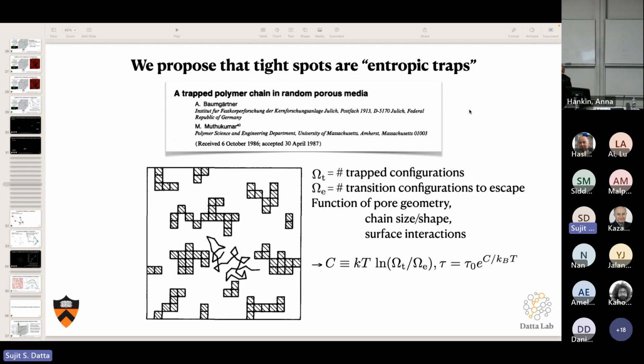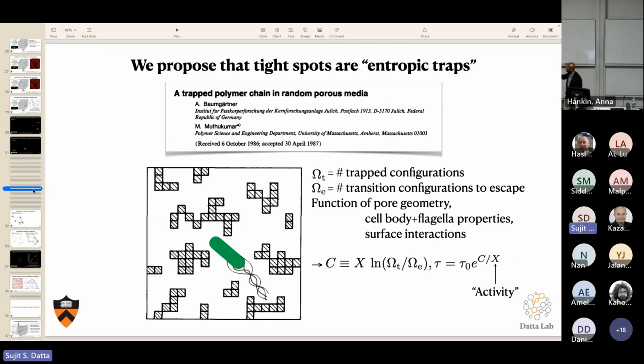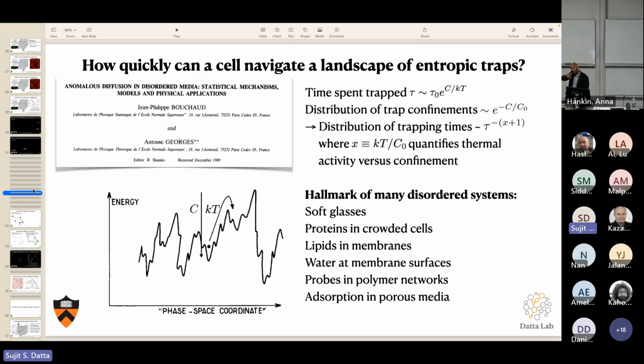So we said, in our experiments, it looks like the bacteria are doing a similar thing. A cell is stuck, it's wiggling around, it needs the right orientation to get out. So there are only certain orientations that enable it to escape a tight spot. All the other ones keep it stuck. Inspired by that, we constructed an entropic trap argument, and then you can think about how this propagates to a disordered landscape, because not all the traps are the same.